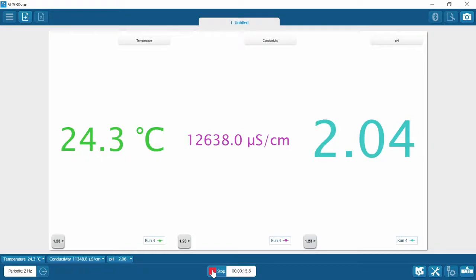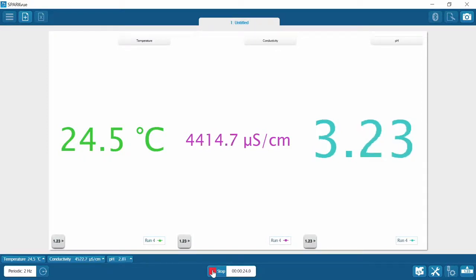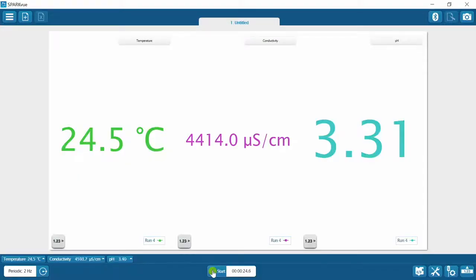Oh my goodness. 6, 7, 8, 9, and 10. Let's see what happened when we mix those two. Our temperature has gone up to 24.5 degrees centigrade.